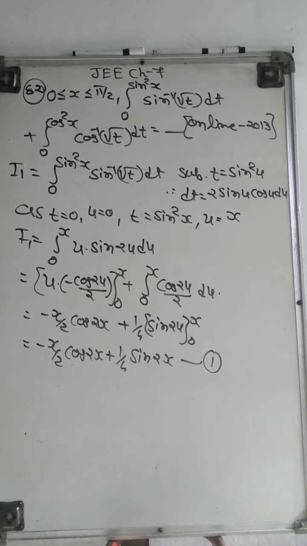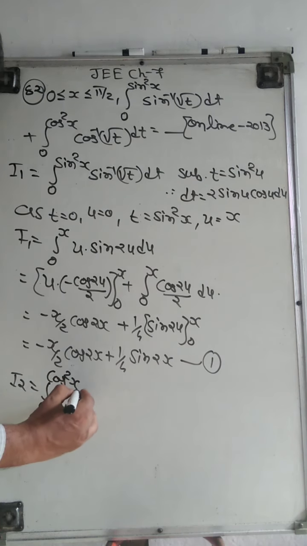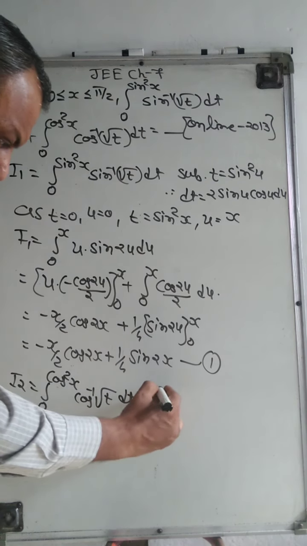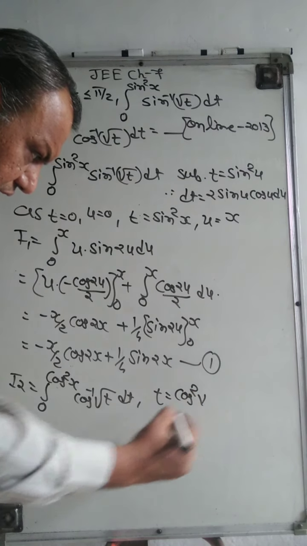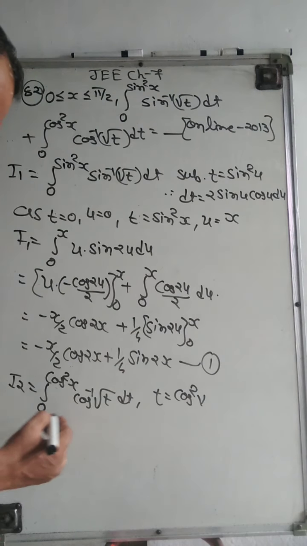Now we take I2 equal to the integral from 0 to cos square x of cos inverse root t dt, and here we take t equal to cos square v and simplify.